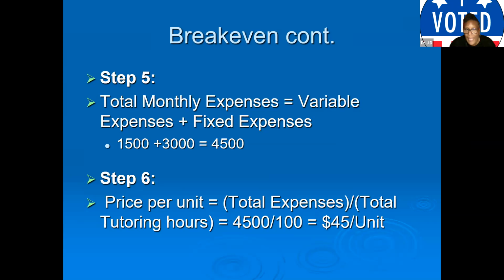So now that we know the actual amount we need monthly, we have to calculate what price we need to charge per unit to cover what is out there. The price per unit is your total expenses divided by the total number of hours that tutoring will occur for the month.